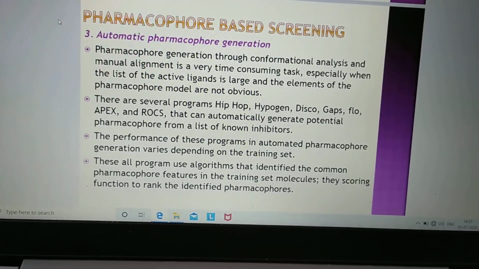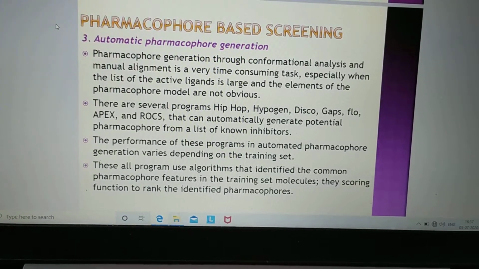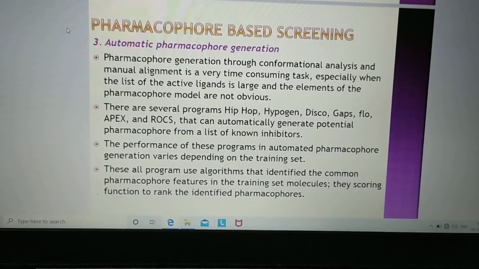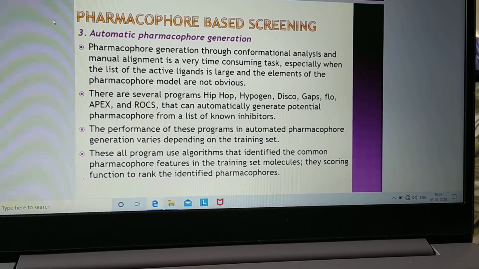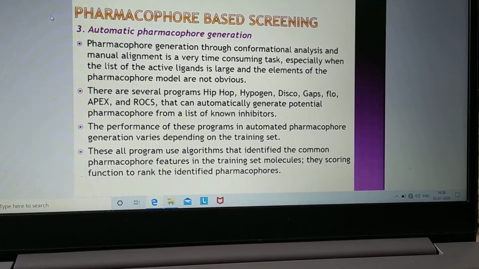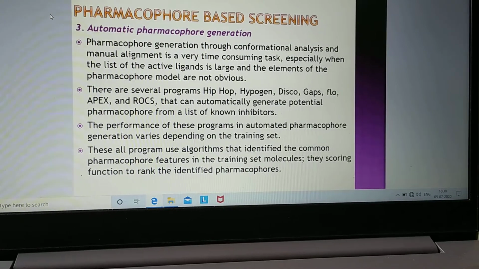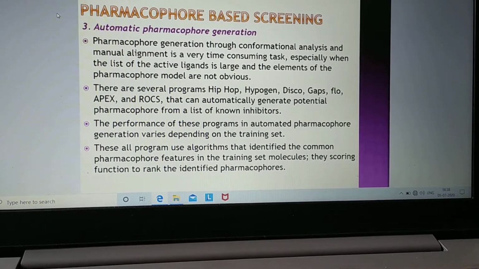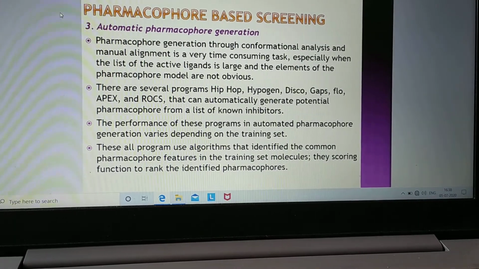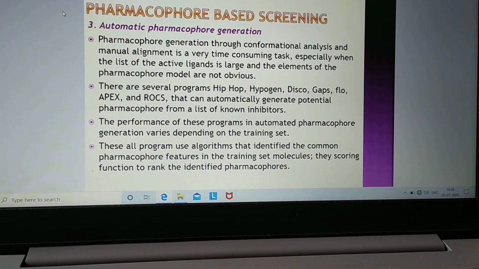Pharmacophore-based screening. Automatic pharmacophore generation. Pharmacophore generation through conformational analysis and manual alignment is a very time-consuming task, especially when the list of active ligands is large and the elements of the pharmacophore model are not obvious.